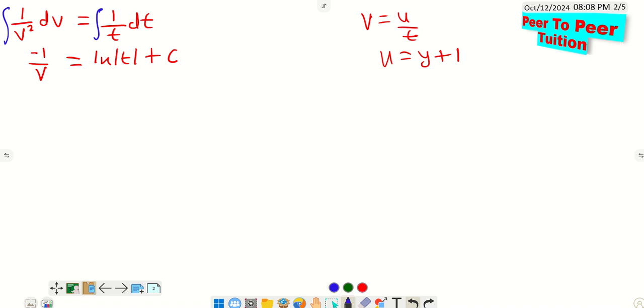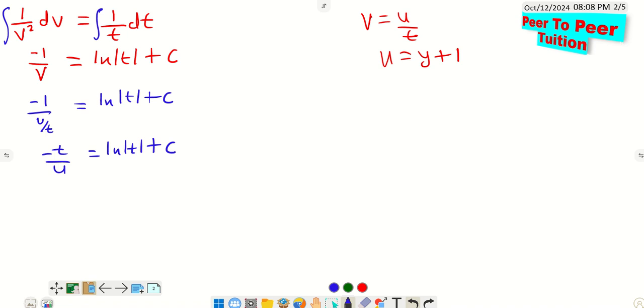So it means that wherever I see v, I'll put u over t. So I have negative 1 over u over t should be equal to ln t plus c. And this whole thing can be written as negative t over u should be equal to ln t plus c.